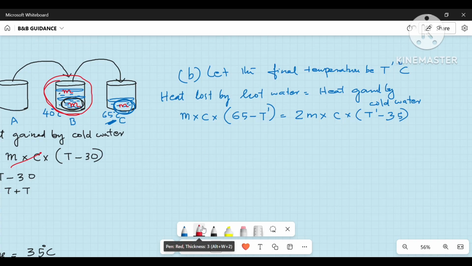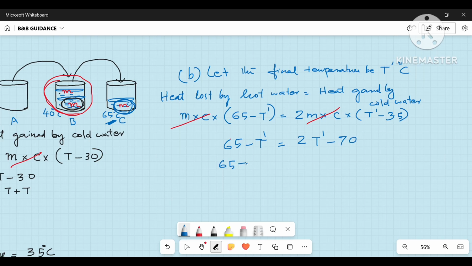Here also same story. This mC and this mC will be cancelled. So the situation is like this now: 65 minus T dash is equal to 2 times T dash minus 70.